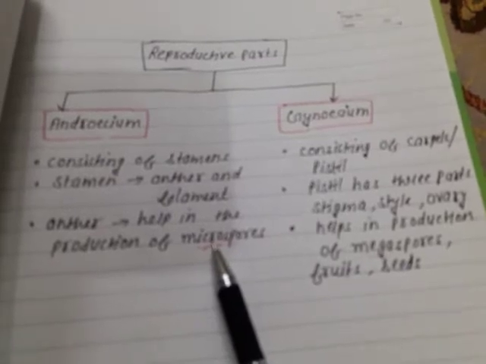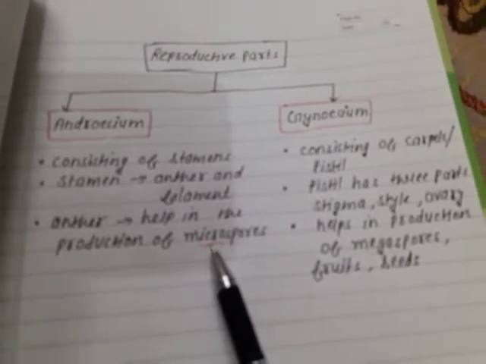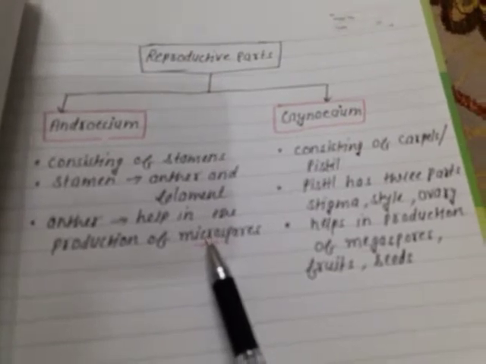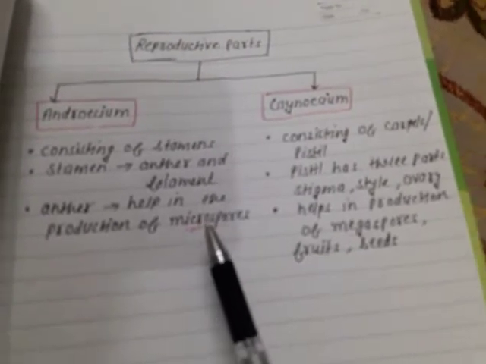These microspores lead to the production of pollen grains, and pollen grains represent the male gametophyte.